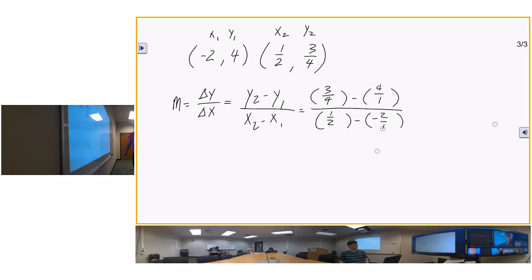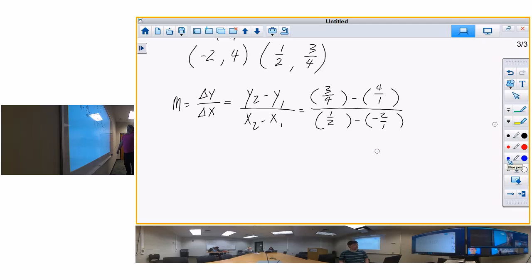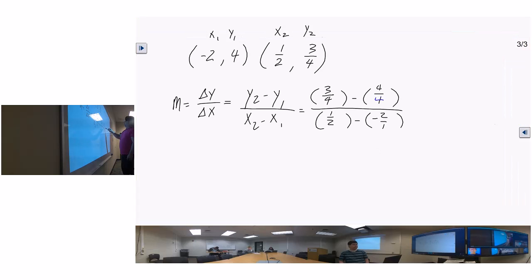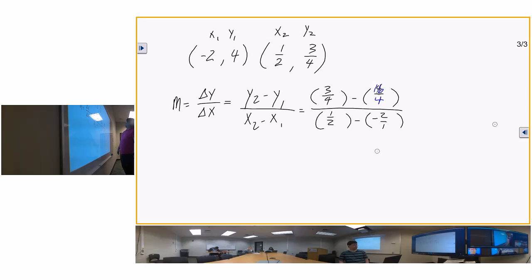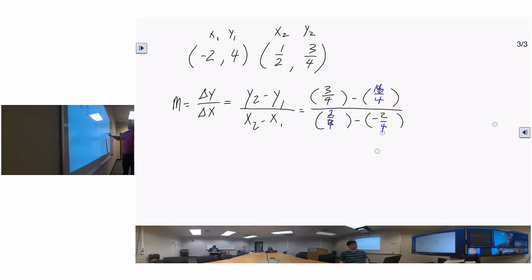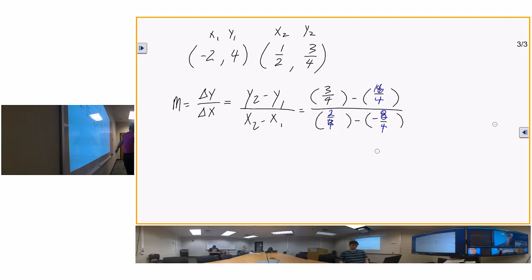Now, in order to add or subtract fractions, what do you got to have? Common denominator, Hubert. That's right, class. Appreciate y'all's input. 1 will go into 4 times. 4 times 4 is what? 16. 2 will go into 4 2 times. 2 times 1 is what? 2, Hubert. 1 will go into 4 times. 4 times 2 is what? 8. What's 3 minus 16?